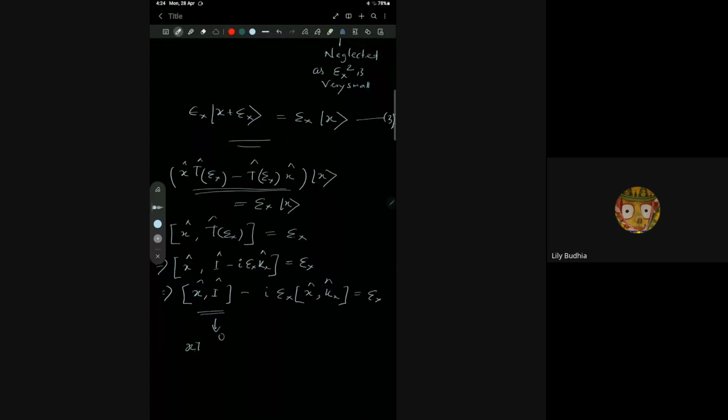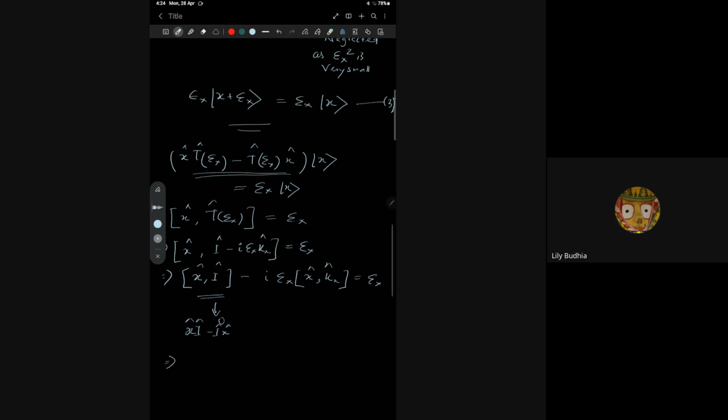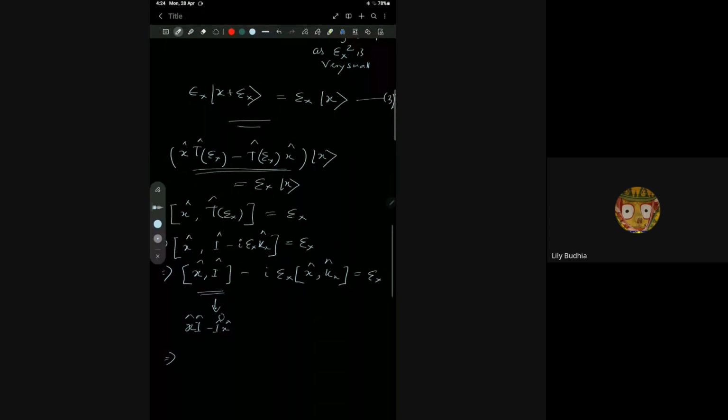Because the identity multiplied from the left or right gives the same operator. They are not different. We multiply the identity operator from the left or from the right, it gives you the same operator. Okay. So that is why what we will do: minus I epsilon x.